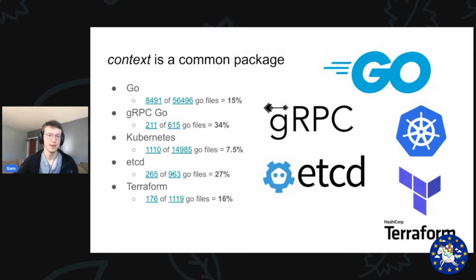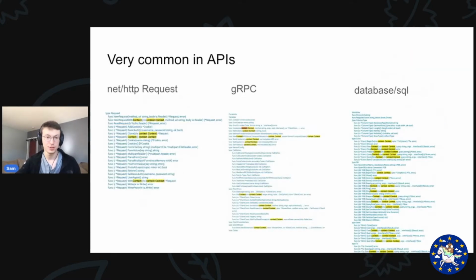A meaningful percentage of their files import the context object and use it in various places. It's particularly common in front-end APIs where you're making RPCs. With HTTP and gRPC, you can bake a context into a request and send it off. database/sql requires a context in like every other function.